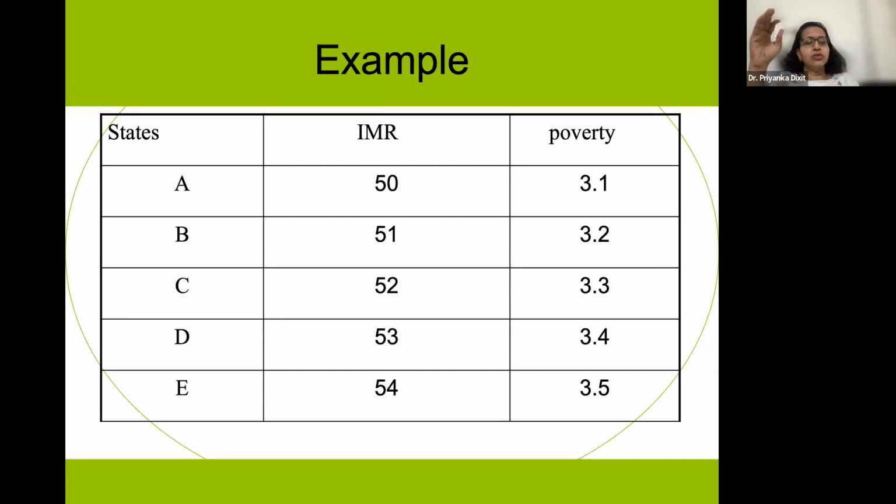Now what we have discussed today: descriptive statistics and inferential statistics. In descriptive, central tendency and measures of dispersion come. In inferential statistics, we try to make some inference about the population with the help of a sample.